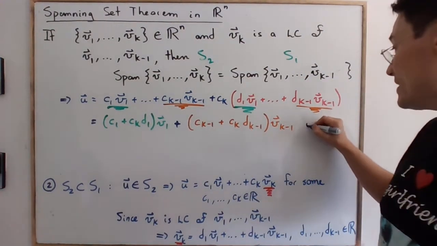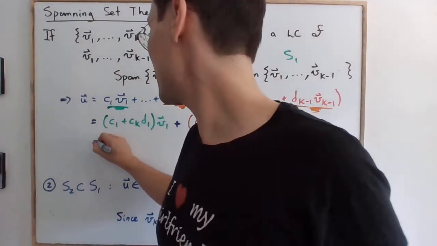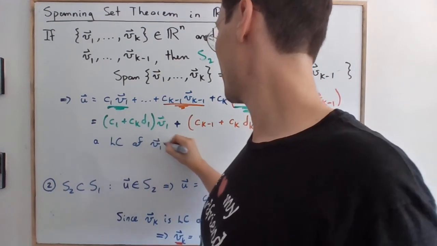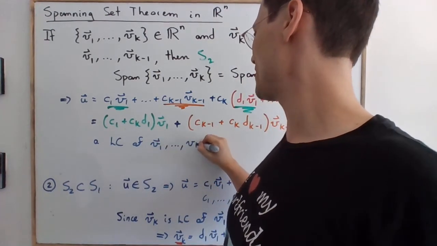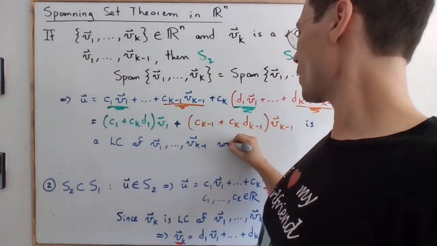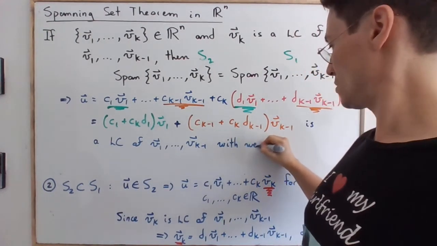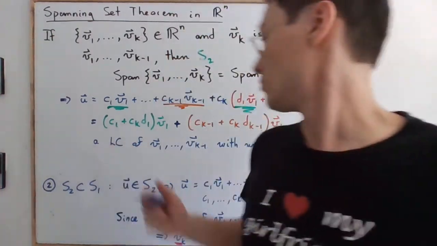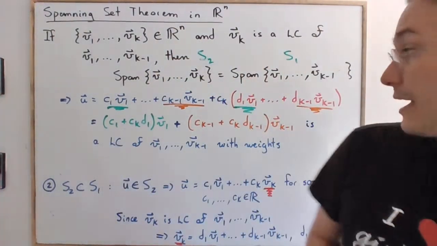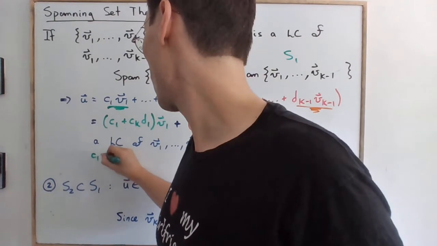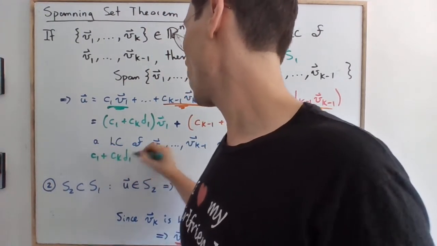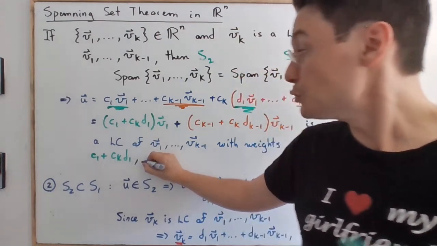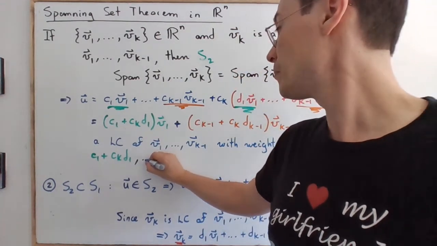So as you can see, it is a linear combination of V1 to VK minus 1 with weights, I will just underline them, C1 plus CK D1. Then you have a second one, C2 plus CK D2.